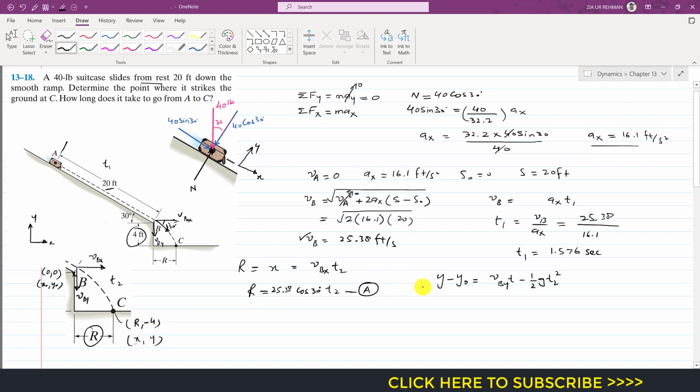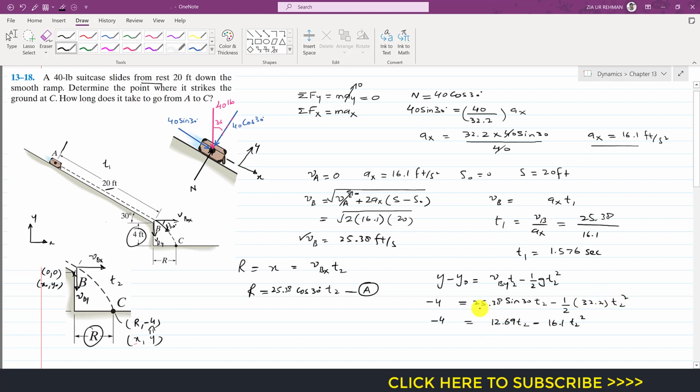Now y is equal to minus 4, y naught is 0, and VBY is VB sine of 30 degrees, the sine component. So we can write 25.38 sine of 30 degrees times T2 minus 1 divided by 2 times 32.2 times T2 squared.